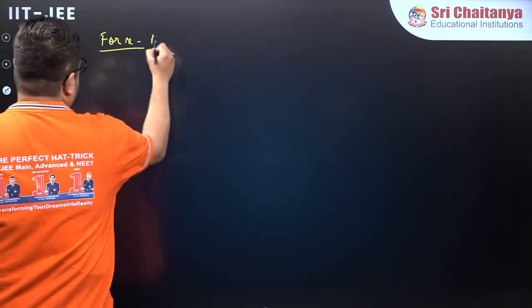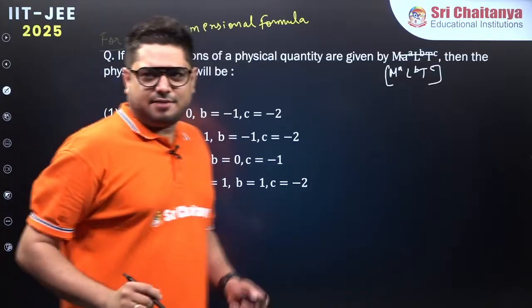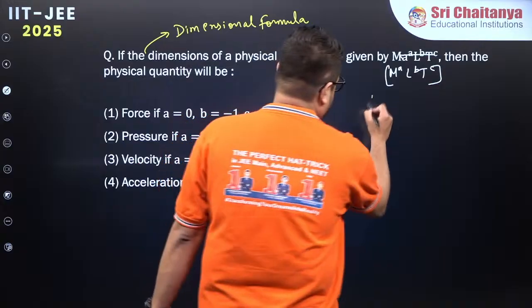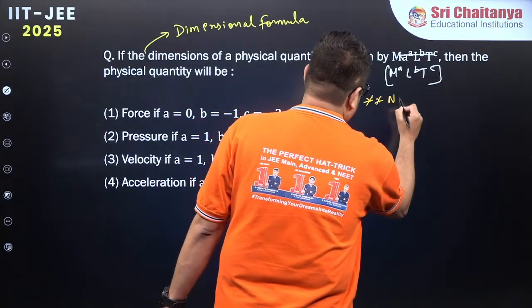Force is mass. In order to find out the dimensional formula, I will write down one interesting point over here. So you can note this thing down as a note. This is a very important note, everyone.